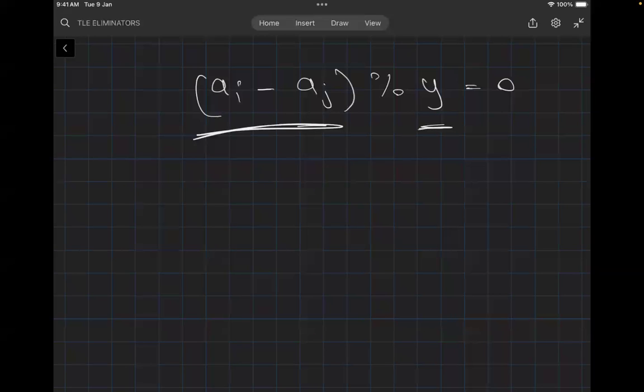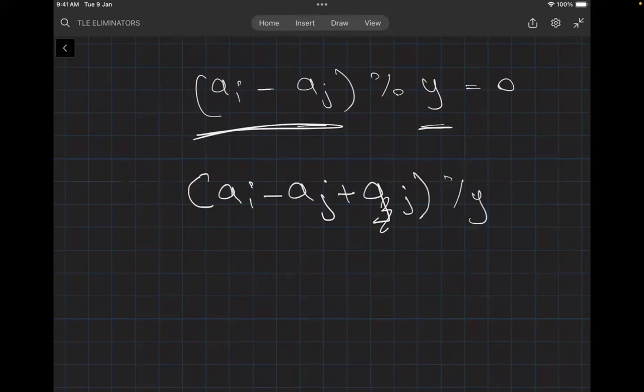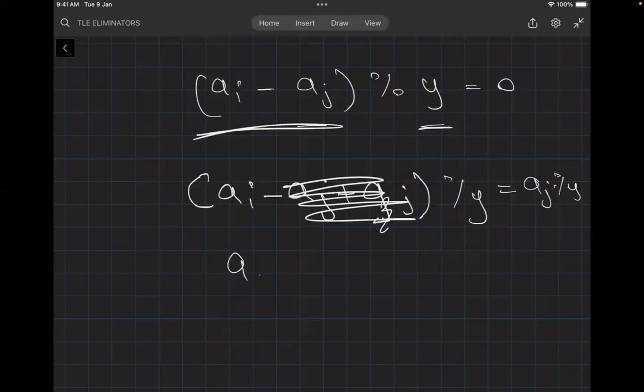So a_i minus a_j plus a_j mod y is equal to a_j mod y. Now you see these two cancel out, minus a_j plus a_j. What does this mean? a_i mod y is equal to a_j mod y.